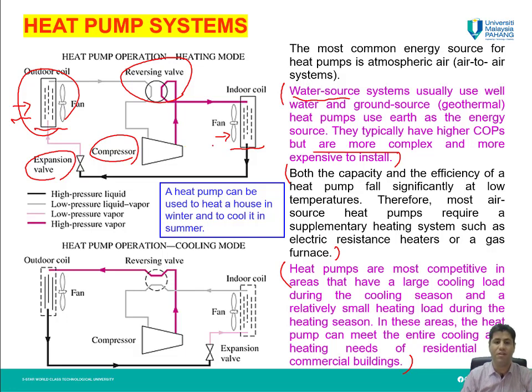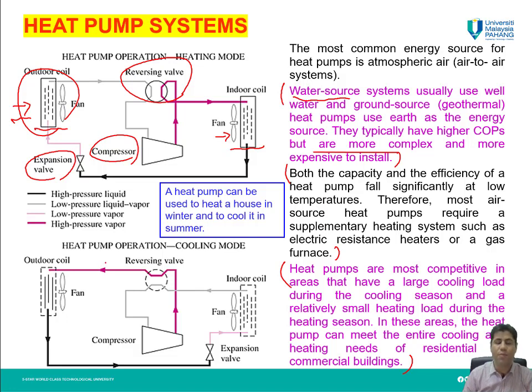If we reverse the direction of the refrigerant in this cycle, instead of capturing the energy from the outside and transferring that to the inside of the house, we can capture the energy from inside the house and release it to the surrounding. So in this case, we have an air conditioner actually, or we can use this device to decrease the temperature inside the house.